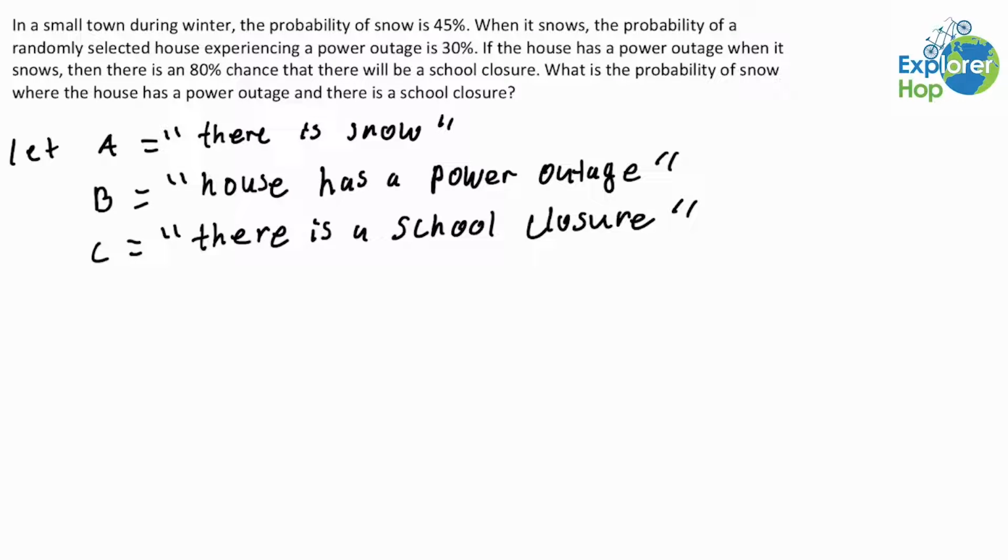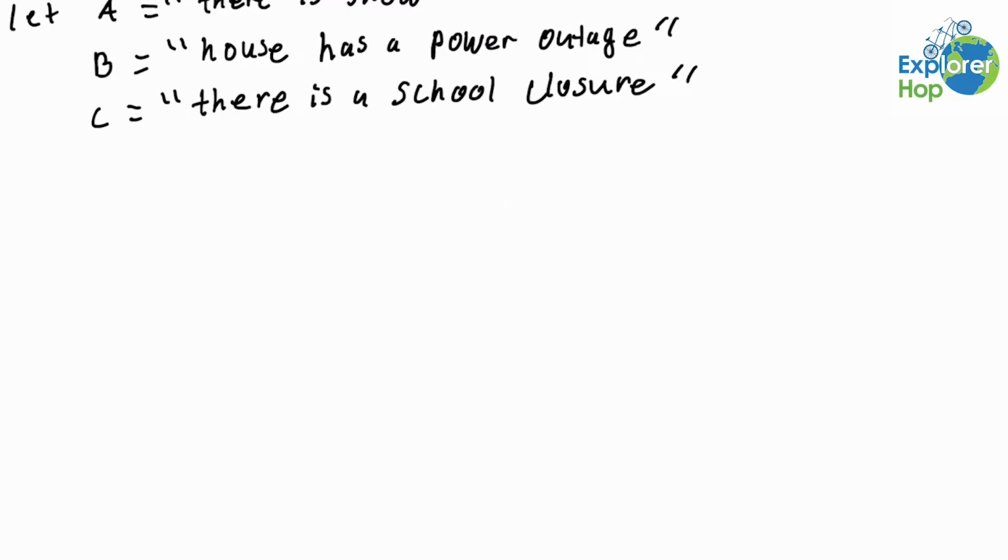Now let's write down the givens. We know that the probability that there will be snow is 45%. So the probability of event A is equal to 0.45, which is 45%.